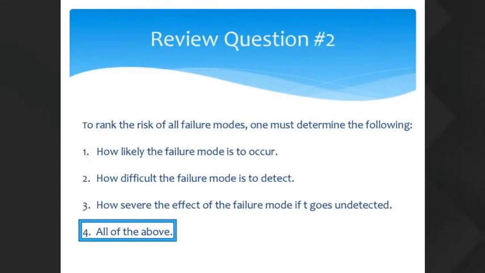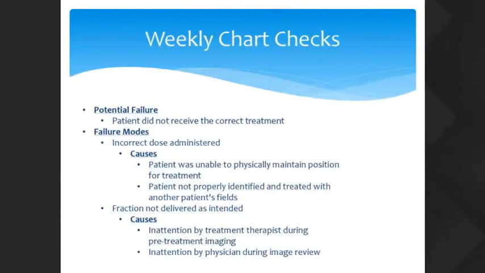Yeah, okay. I'm actually part of the weekly chart check subgroup. In the weekly chart check subgroup, one of the potential failures would be that the patient did not receive the correct treatment. And then the failure mode, I've listed 2 failure modes here: incorrect dose administered, or the fraction not delivered as intended.